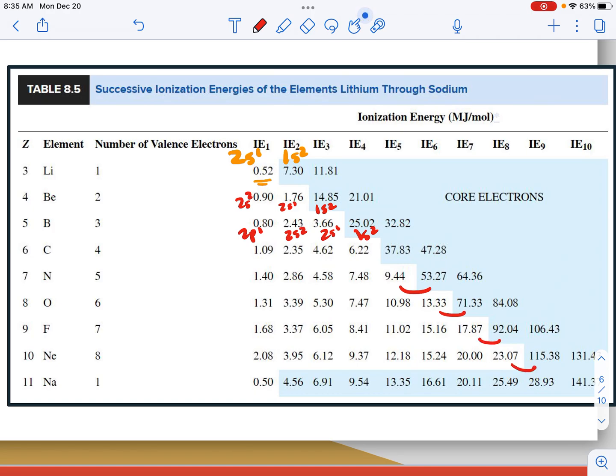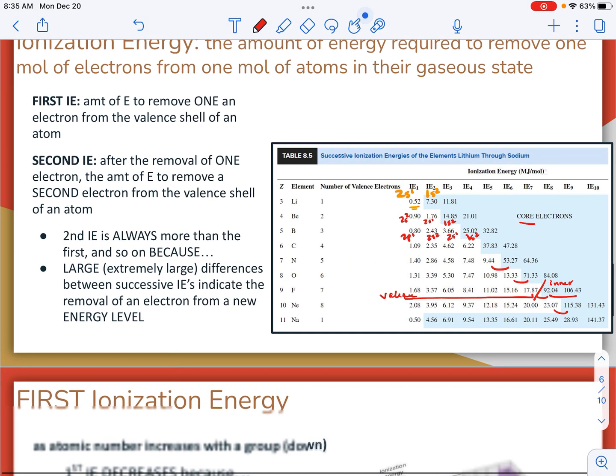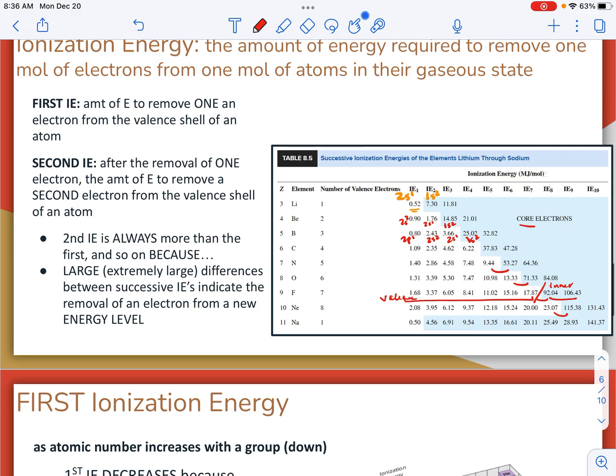And then what you know is that this is an inner or core energy level, okay? And so the one before it would be the last of the valence electrons. So basically all of these would be valence, and then the core electrons would be after the great big jump. So this is just kind of a way to think about how to interpret that. We'll practice those in questions.